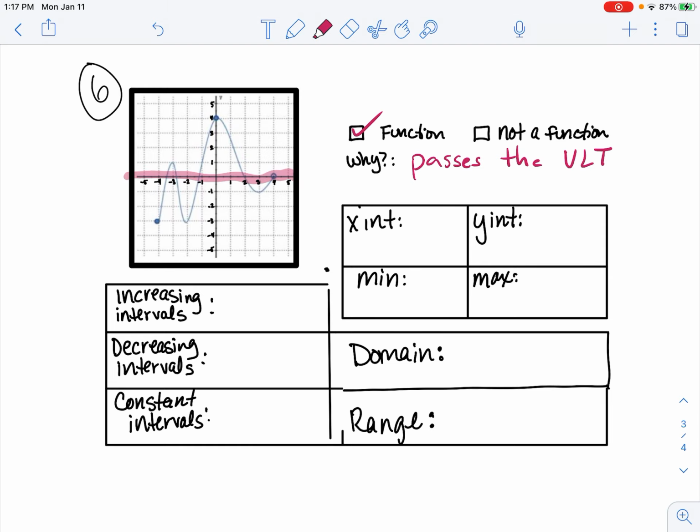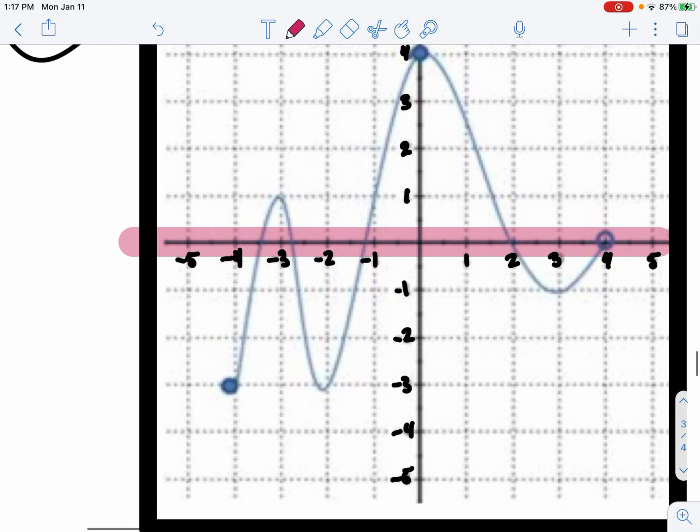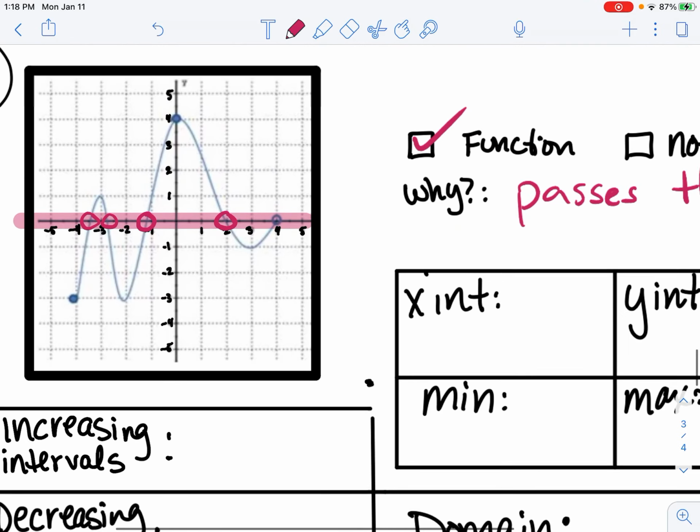X-intercept is where it crosses the x-axis. So it crosses at -3.5, -2.75 maybe, -1.25, and +2. This is an empty circle, so it doesn't actually cross at that point.